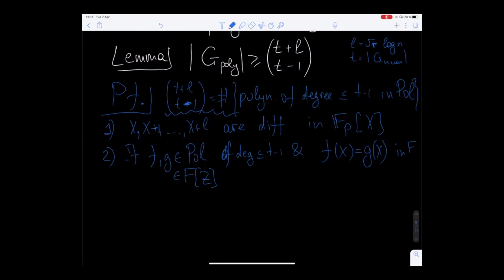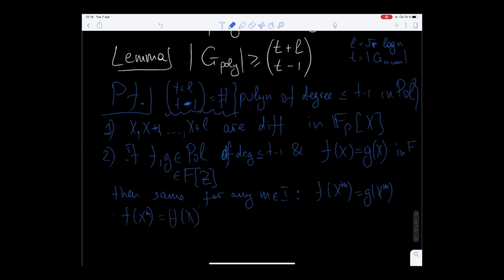Then the same holds for any m belonging to I. And this is just the property that we had before, that f of x to the m is equal to f of x to the power m.